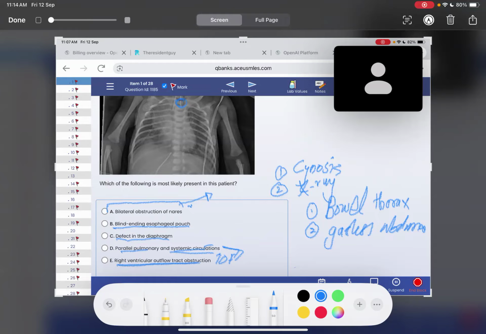This tube has stuck over here, and if it's not going down, it means there is a blind pouch present in the esophageal atresia. Okay. So have you got the point? Yes.